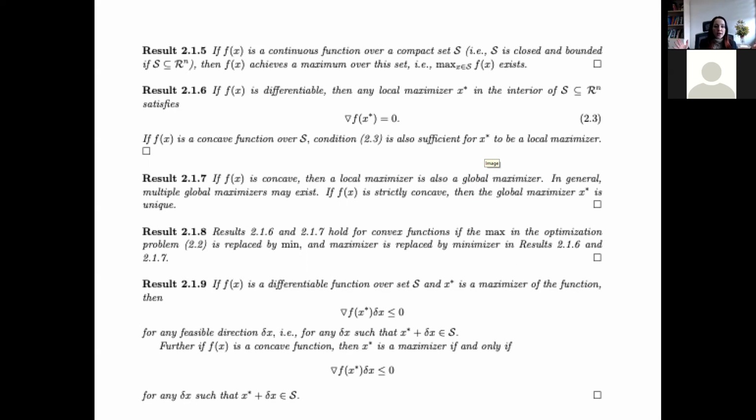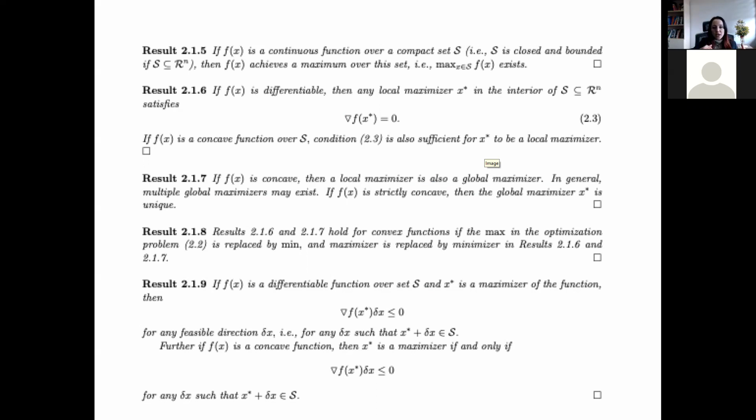So this is actually why we are working with convex functions and concave functions, because we know how to maximize concave functions.